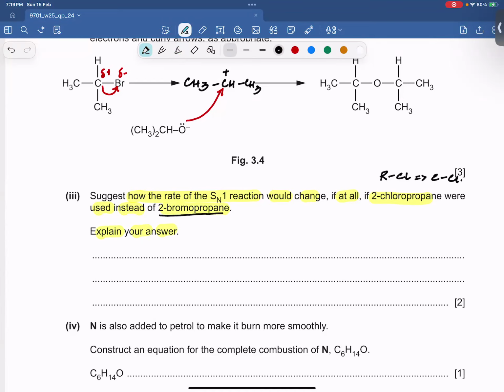In 2-bromopropane, RBr is the general representation of this, and it has carbon bromine bond, and carbon chlorine bond is stronger than carbon bromine bond, which means if reaction takes place with 2-chloropropane, it's going to be slow.